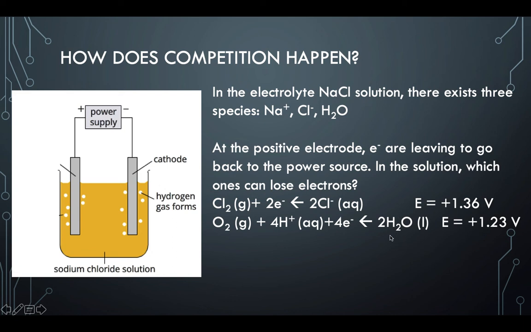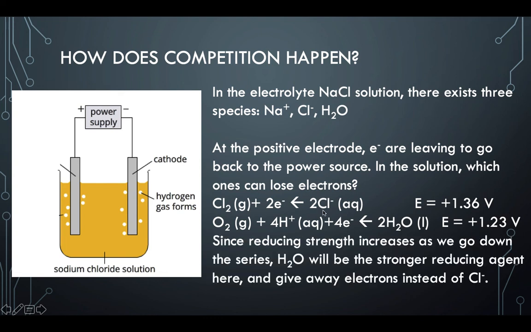That is water rather than chloride ion. So, again, as a result, the stronger reductant goes through oxidation, losing electrons, and therefore, instead of producing chlorine gas, we're actually producing oxygen gas. So water, again, wins the competition.